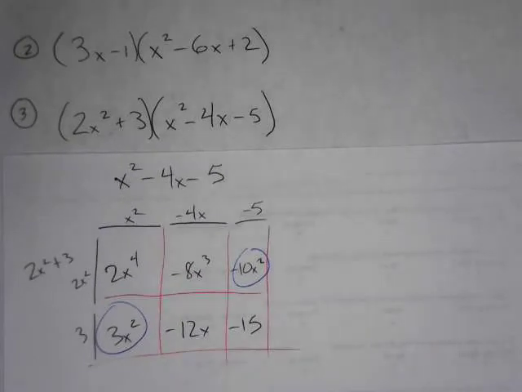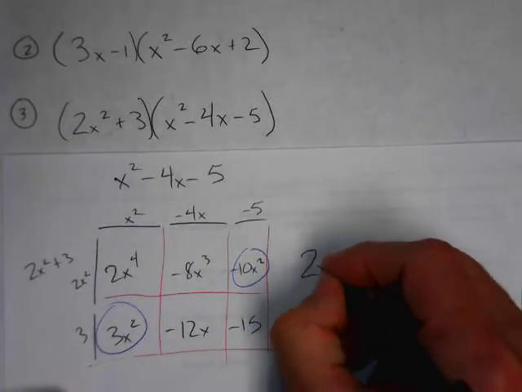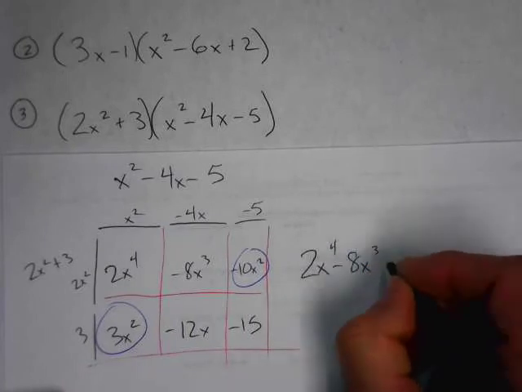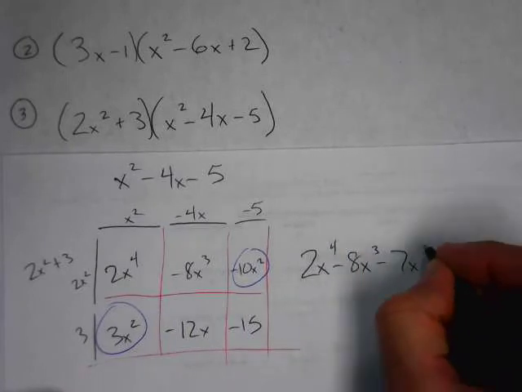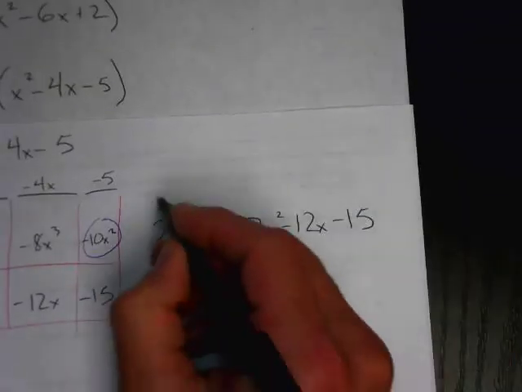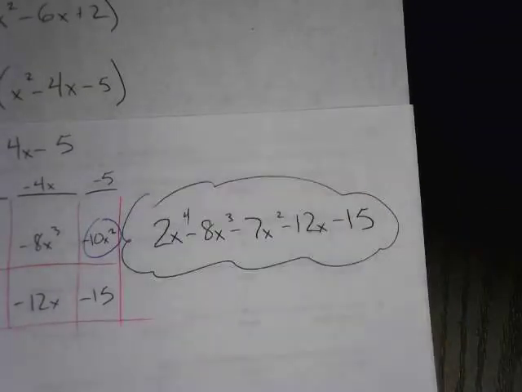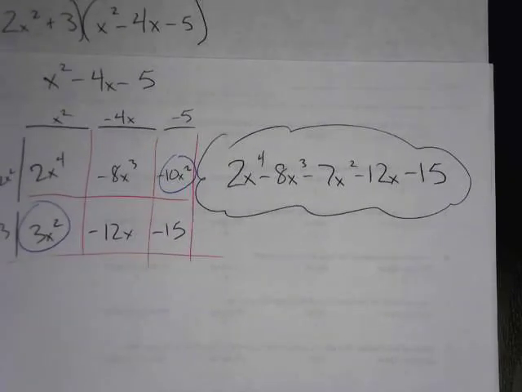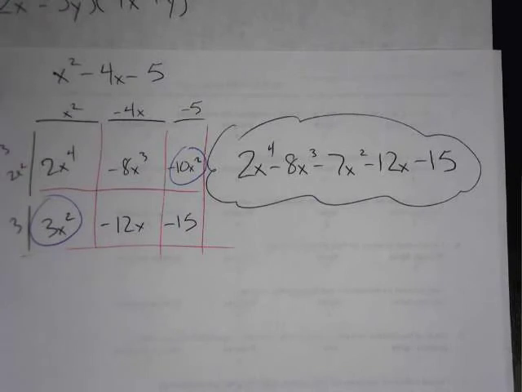So my resulting expression is only this much, because that's it for like terms. So this is my resulting expression. Okay? And if you want to use the distributive property method on that as well, you can. Nothing wrong with that.